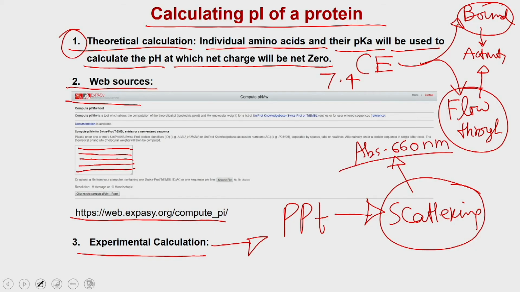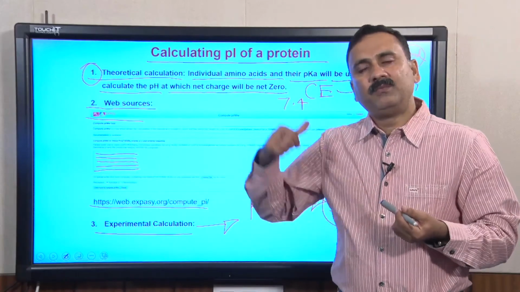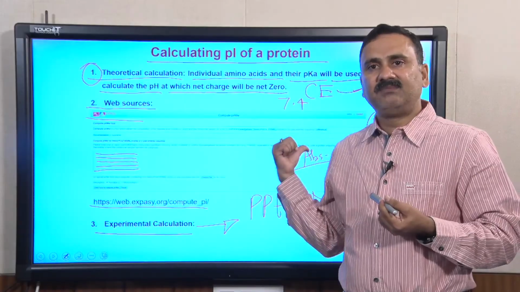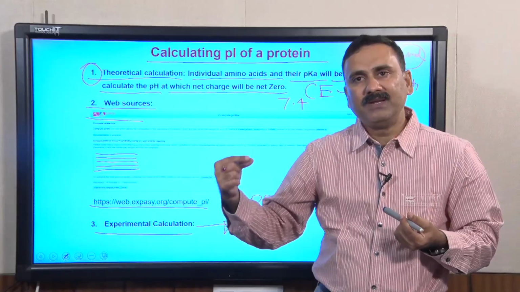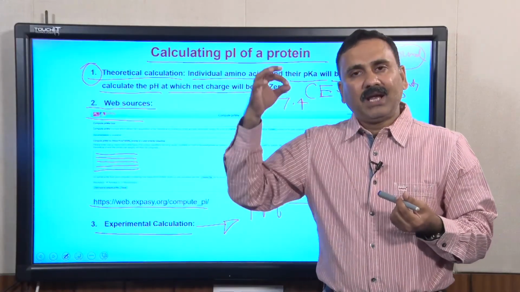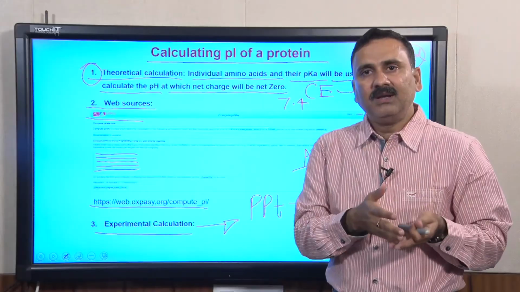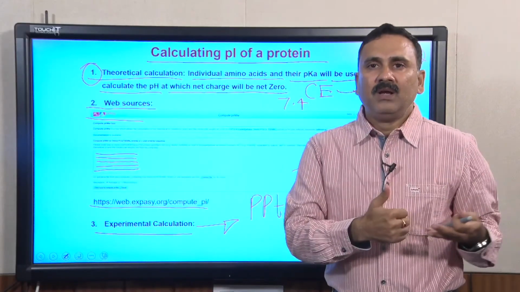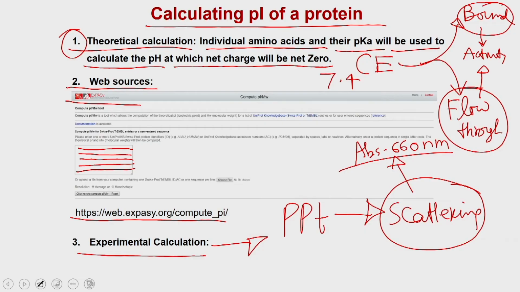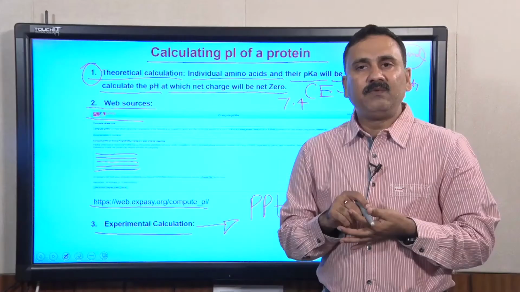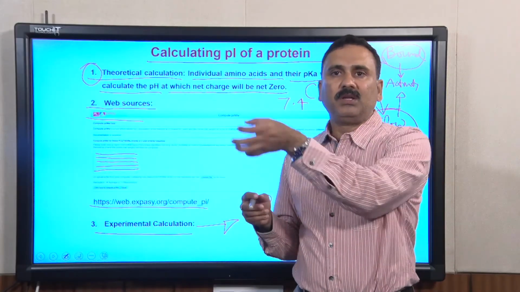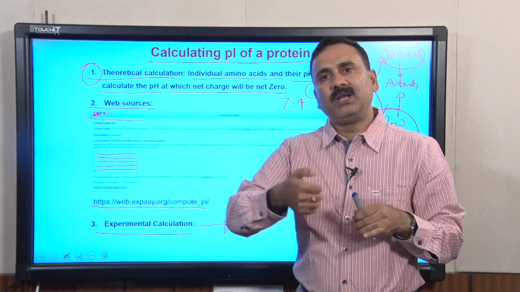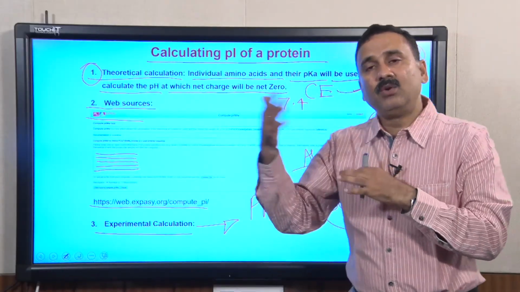If you remember, when we were discussing the counting of bacteria, we discussed this method of counting bacteria simply by taking an absorbance at 660 nanometer. That is actually measuring the scattering events instead of the absorbance events. So, what you can do is take the protein solution, incubate it at different pH values, and then record the scattering.